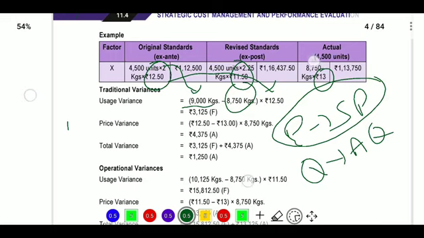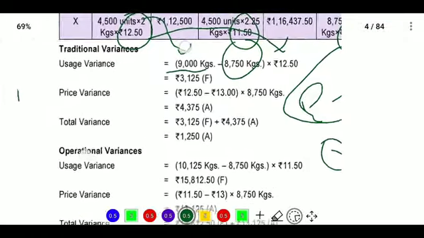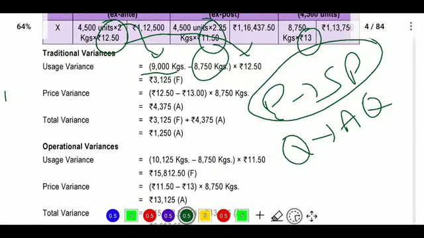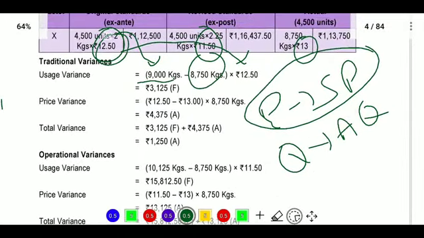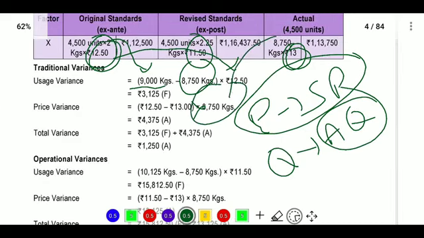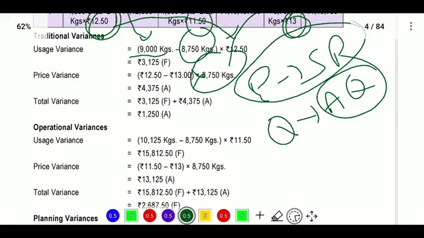Next, here we will see the price variance. For price variance, it is the difference between standard price and actual price, into quantity. Which quantity will we take? Actual quantity. So quantity means always actual quantity. Okay. Next, now total variance means what?